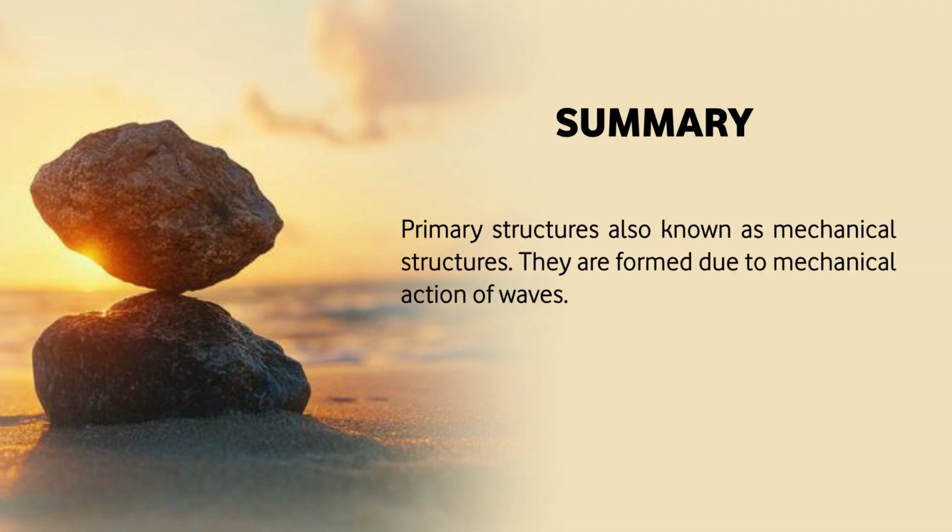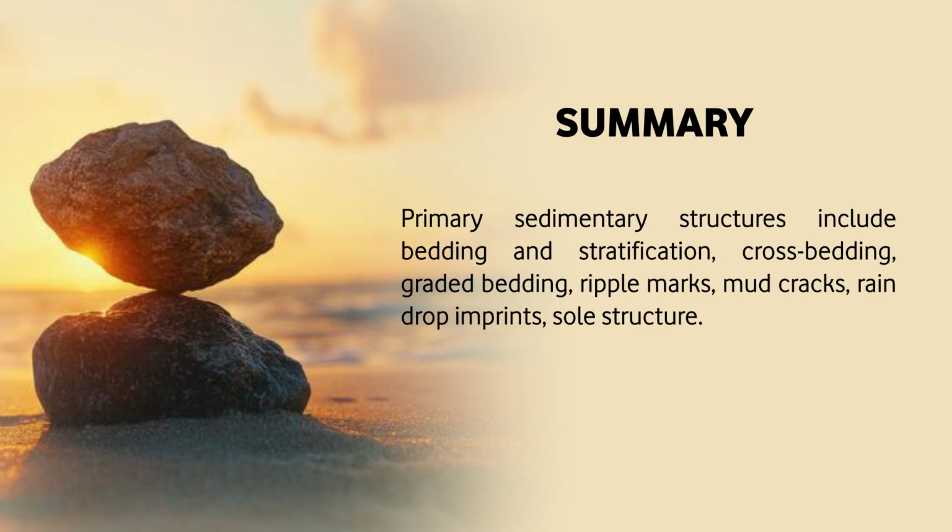Primary structures are also known as mechanical structures. They are formed due to mechanical action of waves and also by currents. Primary sedimentary structures include bedding and stratification, cross bedding, graded bedding, ripple marks, mud cracks, raindrop ripples, soil structures, etc.